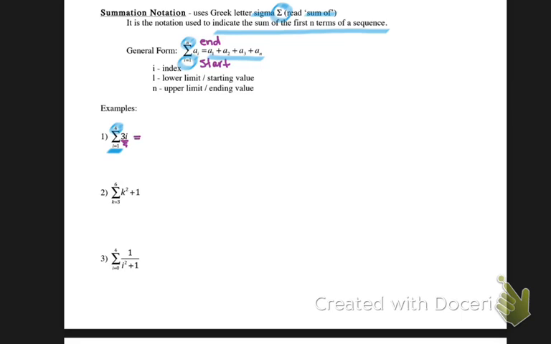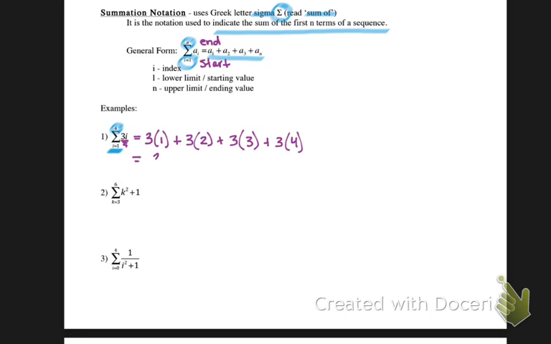So what this looks like is we're going to plug in starting at 1, and we're going to keep plugging in. So there's 2. Keep plugging in. There's 3 until we reach the ending spot, which is 4. And sigma means the sum of, which is why I'm adding all of these terms together.